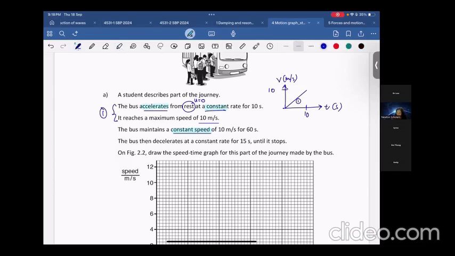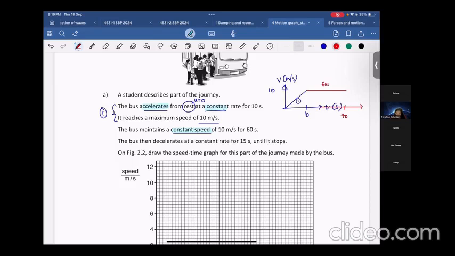Constant speed maintained at 10 meter per second for 60 seconds. Just now it was at 10, now we are going to continue for another 60, so it should go to 70. Agree? So it goes for another 60 seconds. The red color here is actually 60 seconds. So from 10 seconds to 70 seconds is 60 seconds.